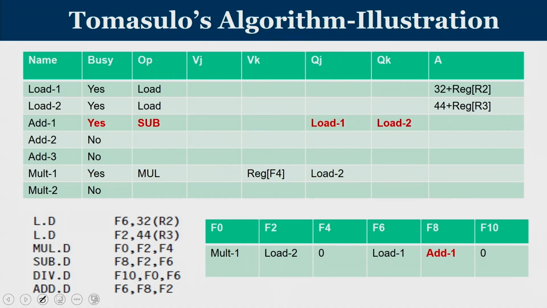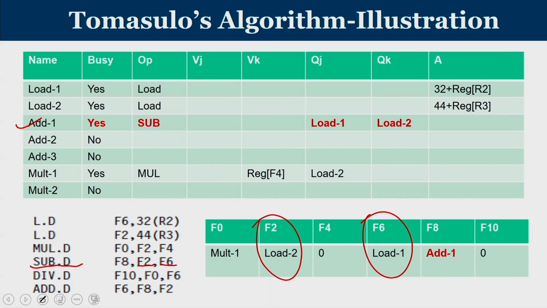Moving further, now we are moving into the subtraction operation. I can make use of my adder number 1. Let us see what the operands are. F2 is one operand, F6 is another operand. The F2 RSI status tells that load 2 will give you the latest value, and the F6 RSI value tells that load 1 will give you the latest value.